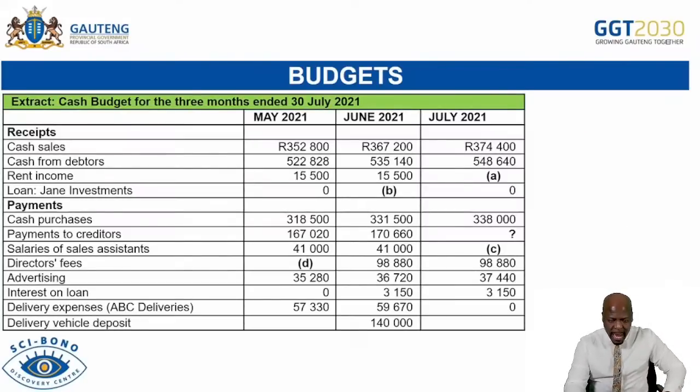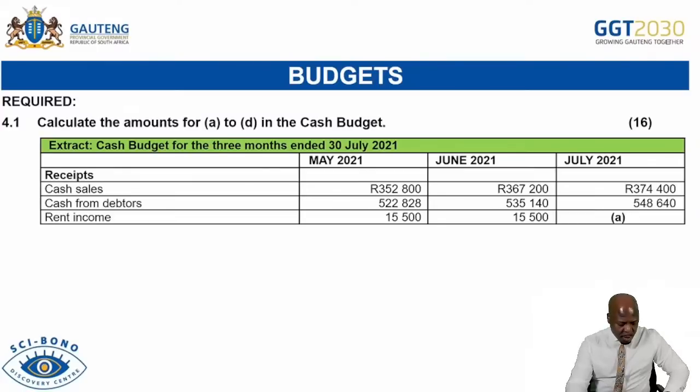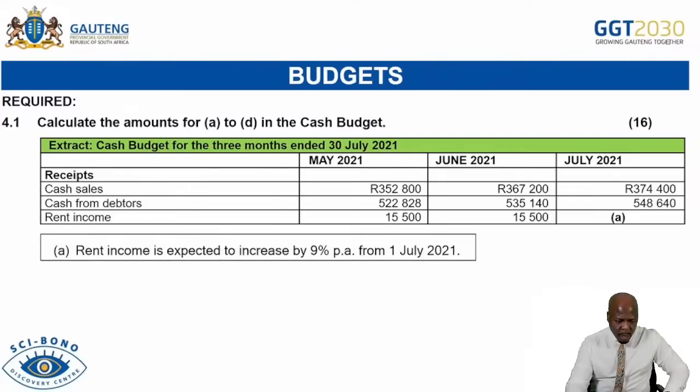We're calculating A up to D. So here is the information, and we're going to start over here. We're told rent income is expected to increase by 9% per annum in July.